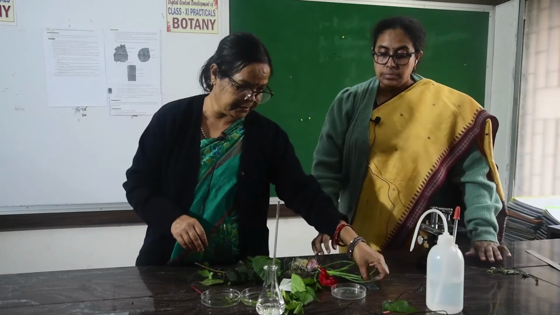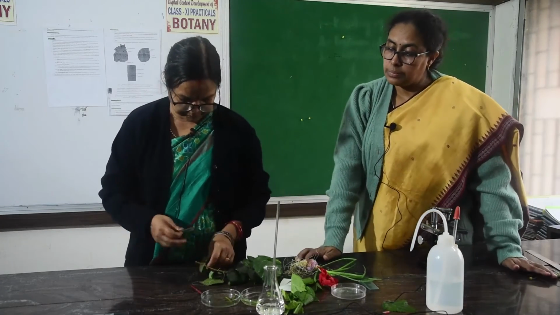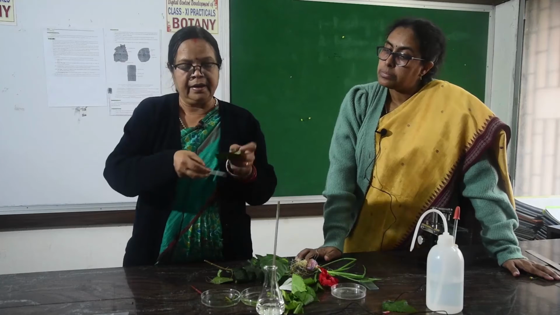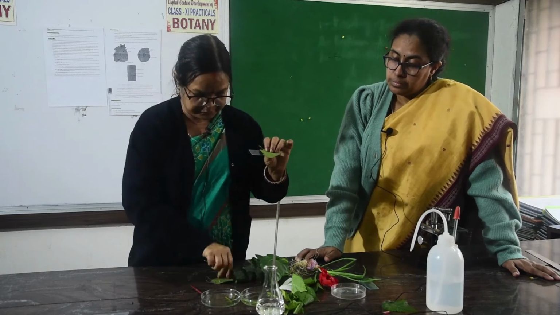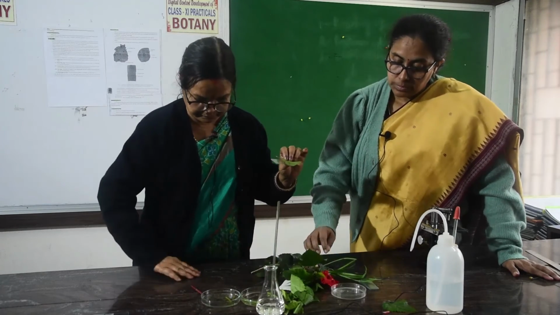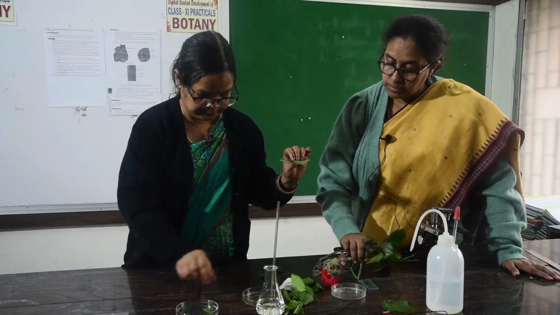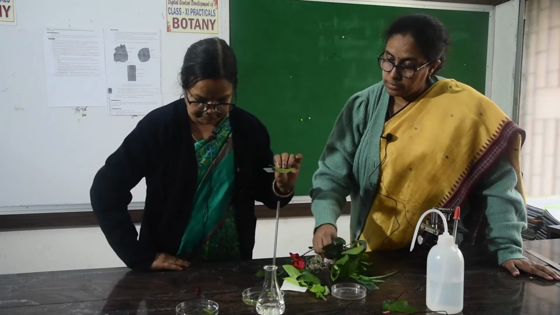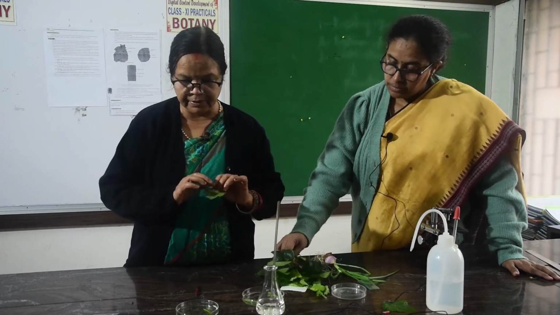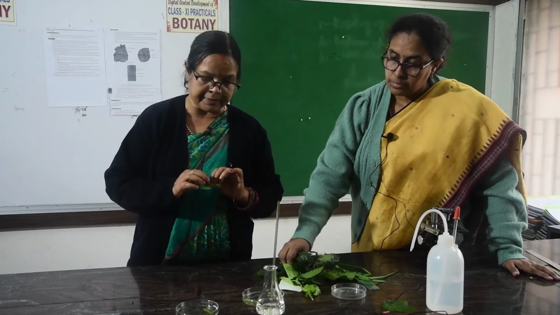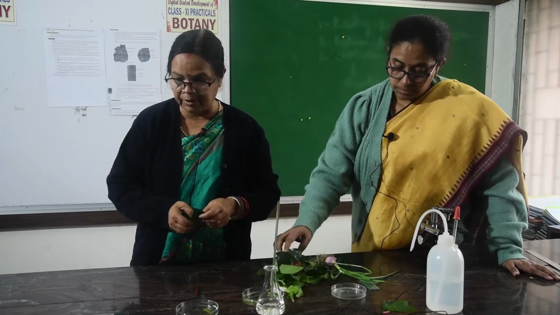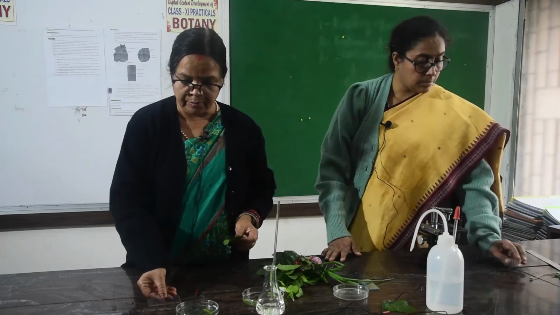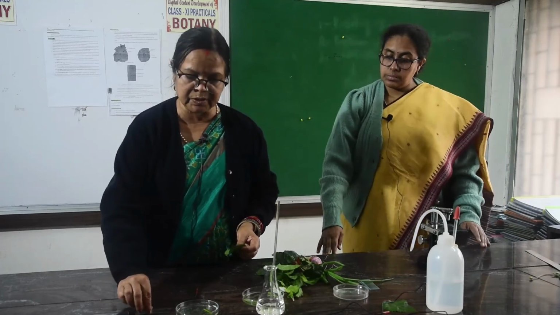Next, take another slide. Keep the leaf in the opposite direction and again scratch. So you have to scratch this side. Again you get a translucent upper epidermis. That also you have to take a small piece of, put glycerin and a cover slip.